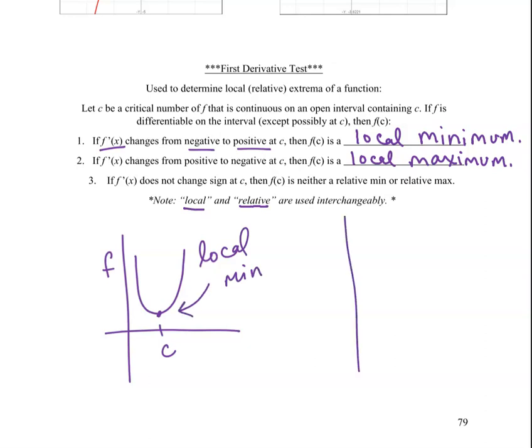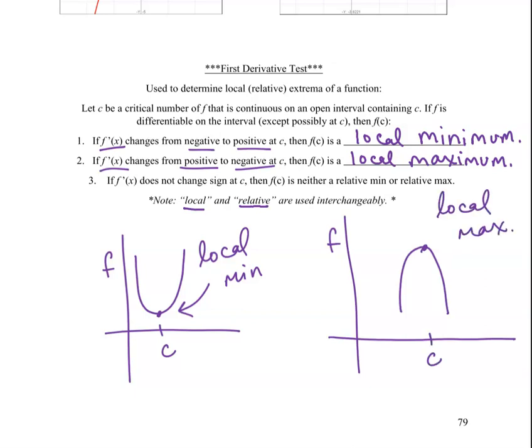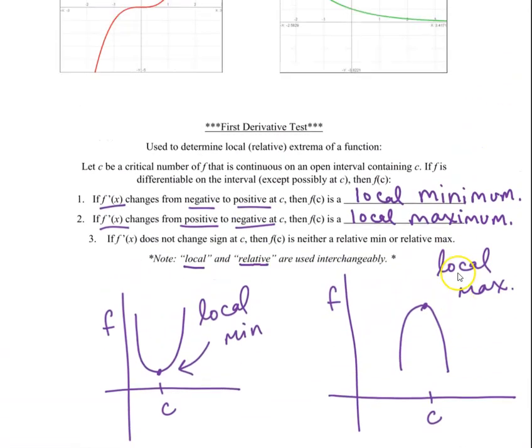And then on the other hand, if f prime changes from positive to negative, what does that tell me about the behavior for f? Well, then f goes from increasing back to decreasing at C, which means we have a local maximum. And so that's where those definitions come from, and that's how the test works.